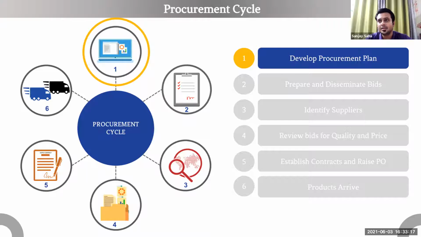And then what happens? You are not sure when your supplies are going to come. You are not sure if the supplies which have come are in the right quantity. You are not sure when to pay the supplier. You are not sure how to manage the quality of the supplies which are coming. I'm sure you have heard of all these things which I'm stating, and these things happen because there was no plan to begin with.